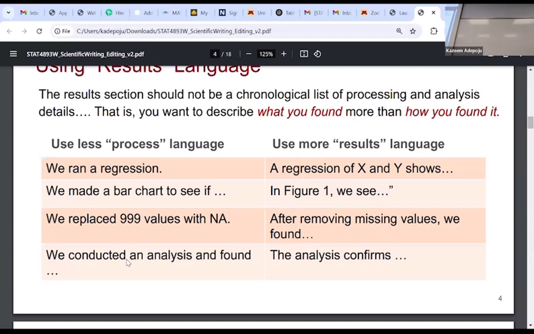So instead of "we conducted an analysis and found," we can say "the analysis confirms." No "we," no "you." That is just the secret of it. So I'm just going to say, oh, the result confirms a significant association between X and Y, supporting our hypothesis. Maybe initially you set out a hypothesis, because nobody goes into research with an empty mind.